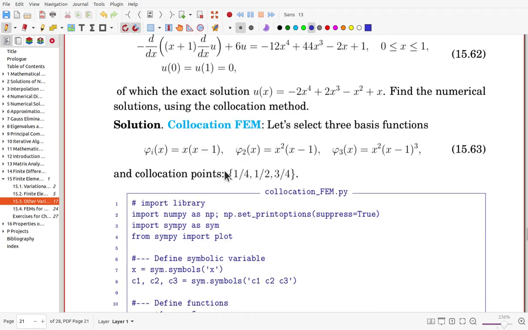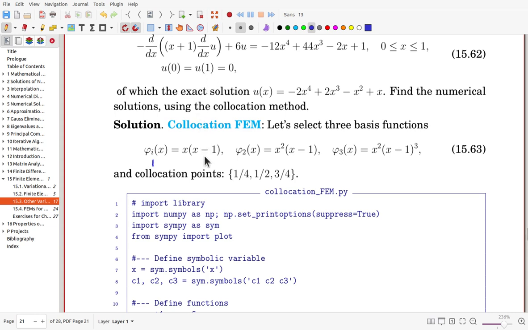Now let's choose these three basis functions. And x minus 1 is phi 1. Okay, again, I made a mistake here. There must be 1. And phi 2 is x squared times x minus 1. And phi 3 is now given in this way. The solution has function value 0 at both sides, the edge points.